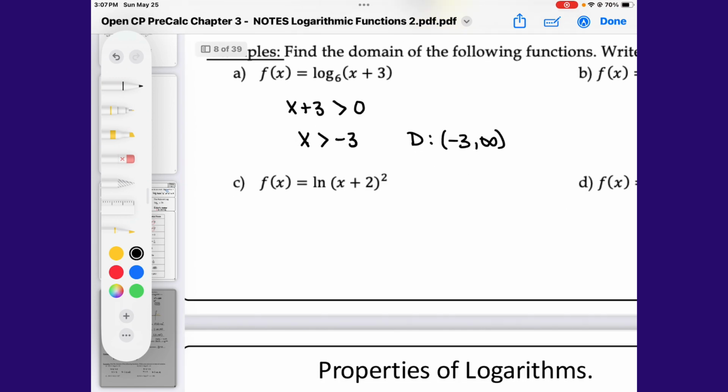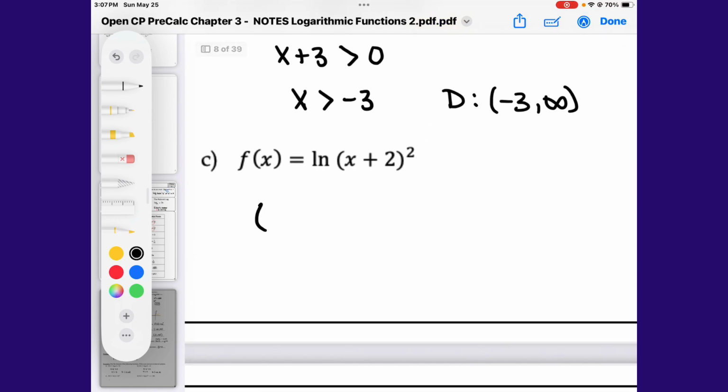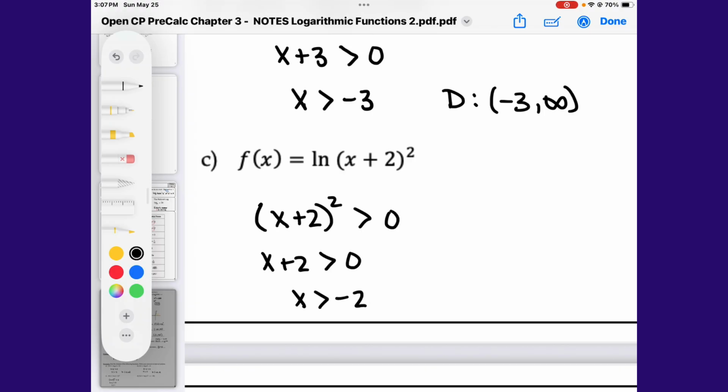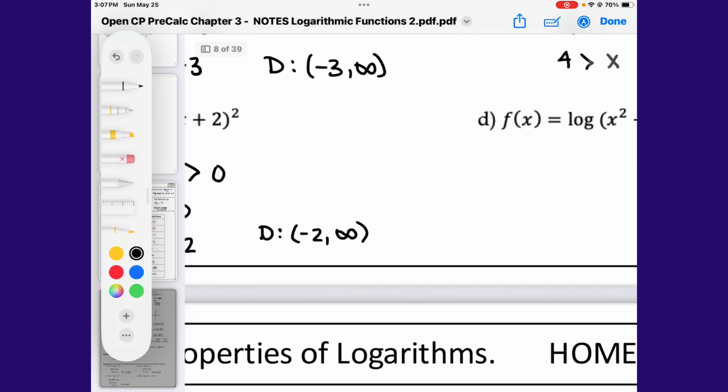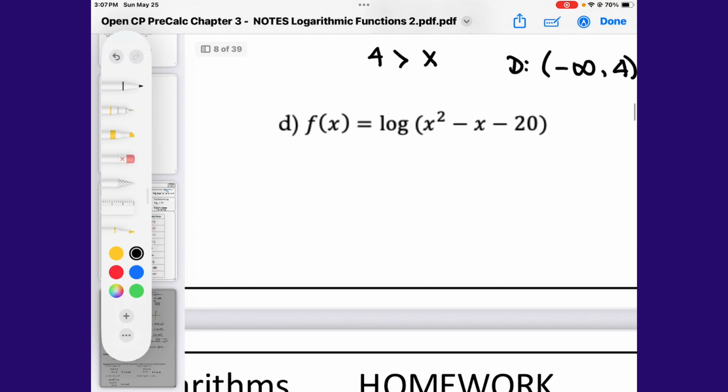Okay. Here we have a binomial squared that we have to say, hey, is greater than or equal to 0. So if just one of those binomials is greater than 0, then we're good because they're the same. So our domain would start at -2, head all the way to positive infinity. The only time domain gets a little involved is if it is maybe something like this quadratic that we're going to have to factor.